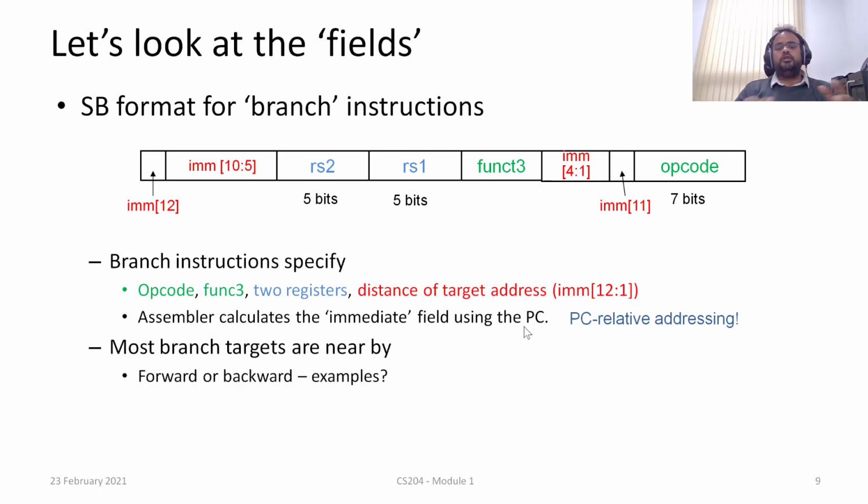So accordingly, we have something called forward branch and backward branch. If the immediate value is positive, it means that we would jump to some instruction further down the line, so it's called a forward branch. If the immediate value is negative, then it implies that we want to jump to some instruction somewhere before this branch instruction, so it's called a backward branch.